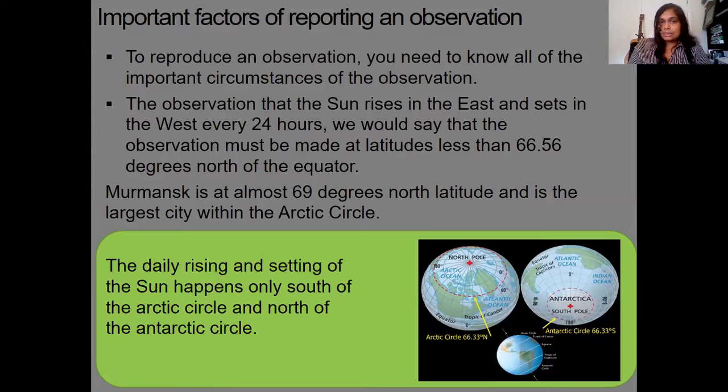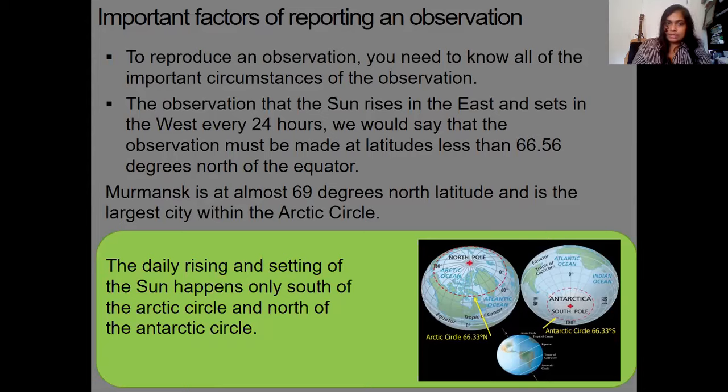For the observation that the sun rises in the east and sets in the west every 24 hours, we would say that the observation must be made at a latitude less than 66.56 degrees north of the equator. Murmansk is at about 69 degrees north latitude, and it is a large city within the Arctic Circle. That's why we notice that in the summer months, they are getting 24 hours of daylight, right?